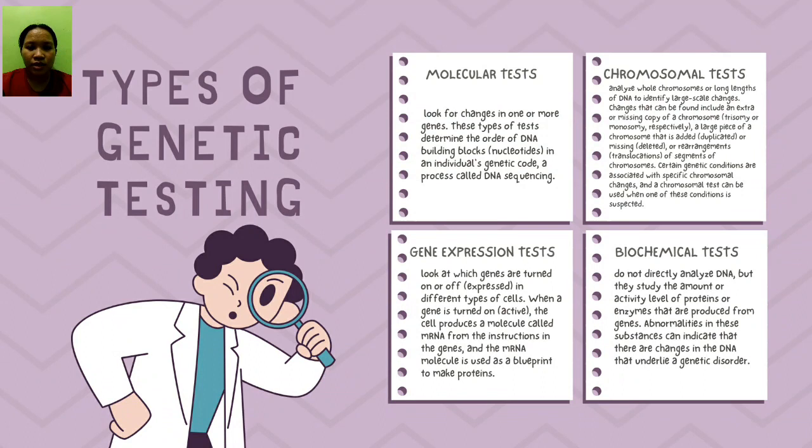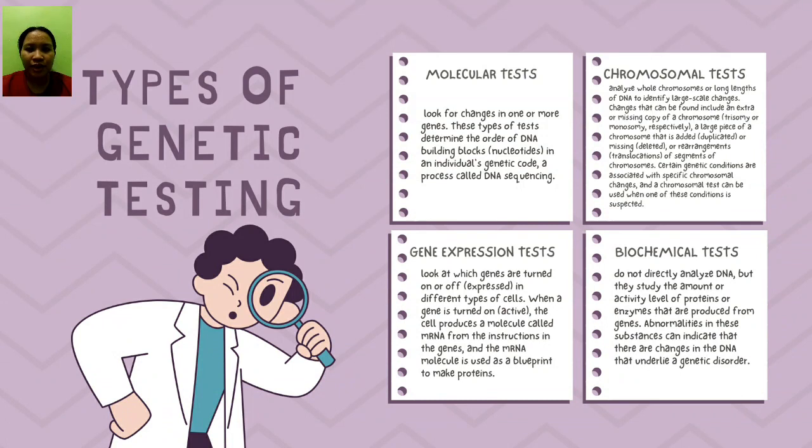In gene expression tests, it observes which genes are turned on or off in different types of cells. When a gene is turned on or active, the cell produces a molecule called mRNA from the instructions in the genes, and the mRNA molecule is used as a blueprint to make proteins.